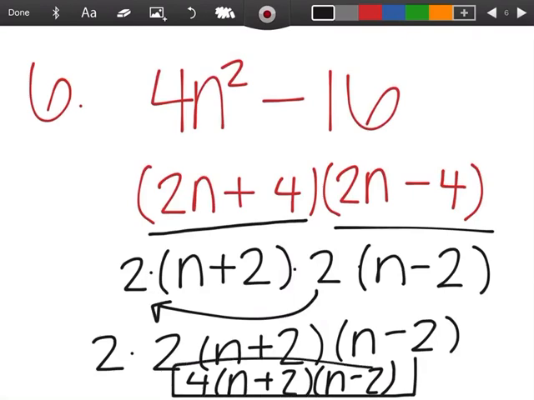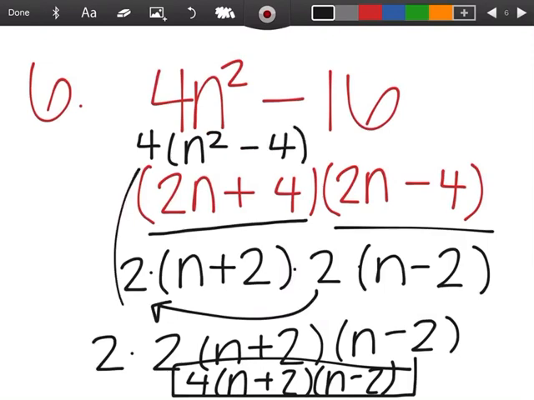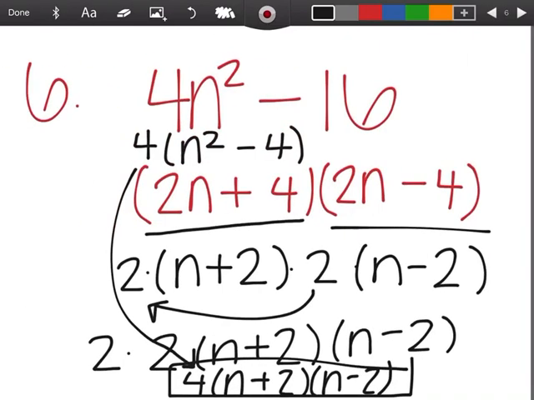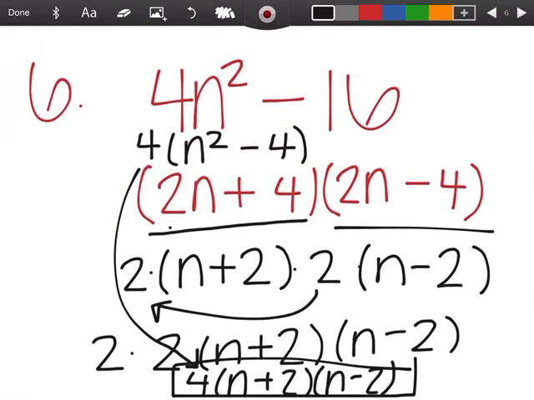That means I could have factored out a 4 at the beginning, and then I would have been left with n squared minus 4, and I would still get to the same answer. So if they have numbers like 16, 64, if they have things in common, you might want to make sure that your final answers are as factored as possible.